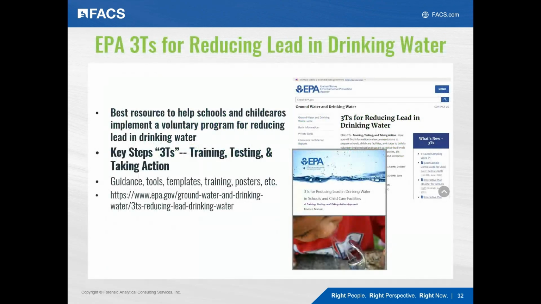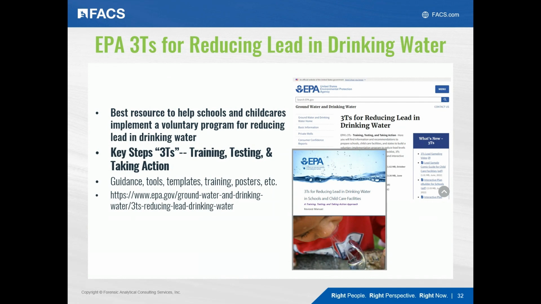Okay, so I want to make sure that everyone is aware of this guidance document from the EPA. It is the EPA 3 T's document for reducing lead in drinking water. The 3 T's stands for training, testing, and taking action. This is probably the best resource on the topic of lead in drinking water in schools, and it is freely available online on the EPA website.